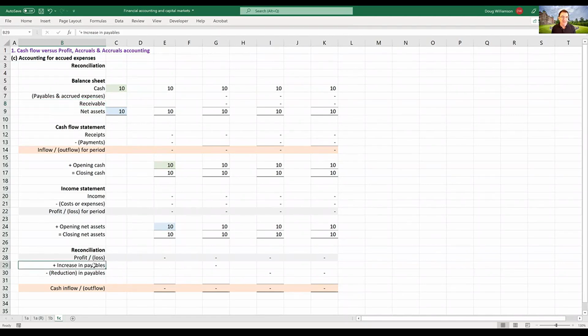The other bit we need to change is increase in payables and accrued expenses, so we're just lumping them together. Reduction in payables and accrued expenses.